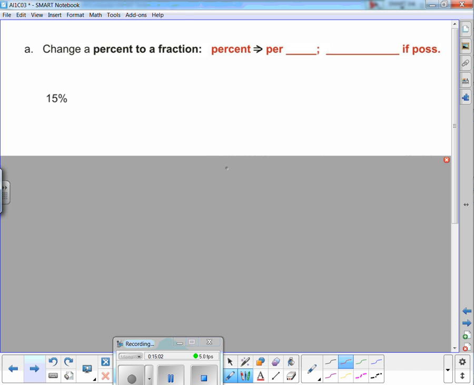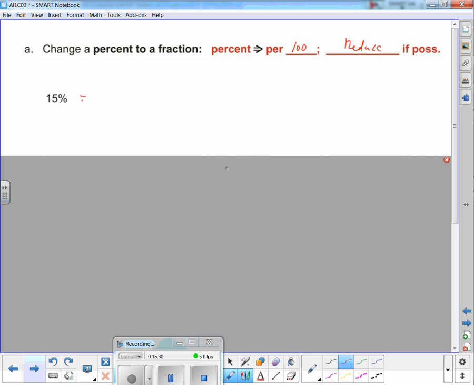So again, that one is a little bit trickier because it's not straightforward. All right, let me just refresh your memory on a few other miscellaneous things. Change a percent to a fraction. Well, remember, percent means of 100, meaning the denominator is 100. And remember, you always reduce if possible.